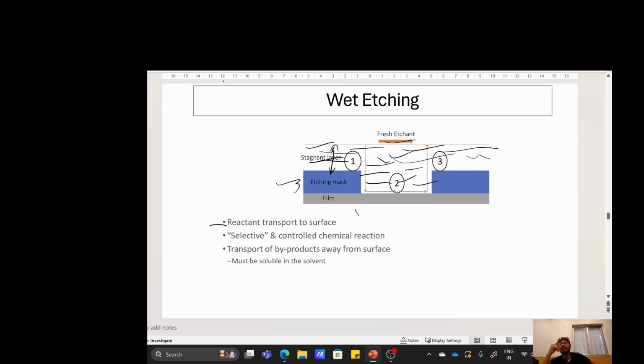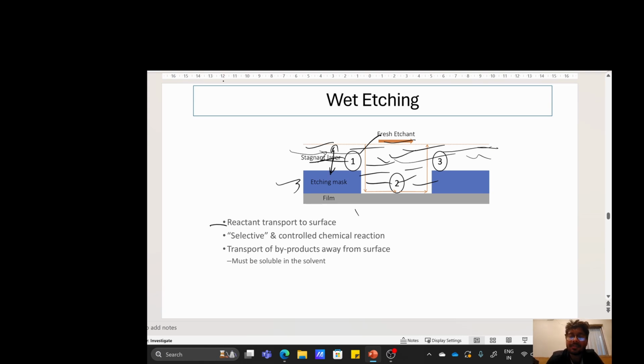That layer is doing nothing, but it is there. You must have seen this during the CVD process as well. When there is a flow of gas, there is a stagnant layer near the surface, and diffusion of the gas happens through that stagnant layer, which is used for the deposition. Here it is used for the etching, for the removal of the material.